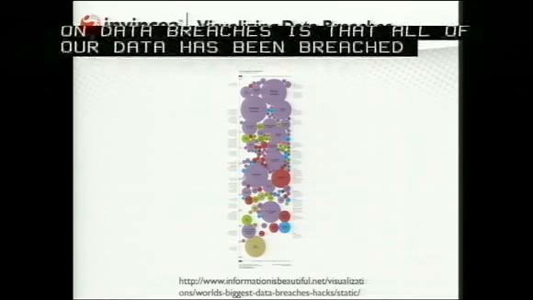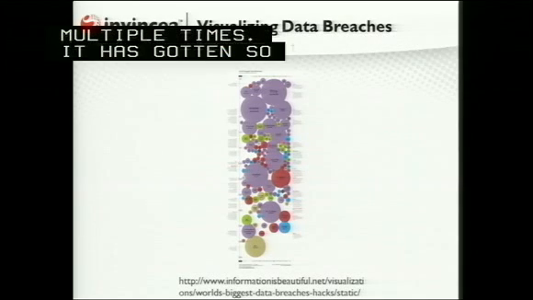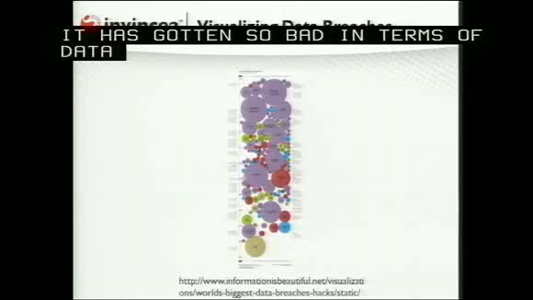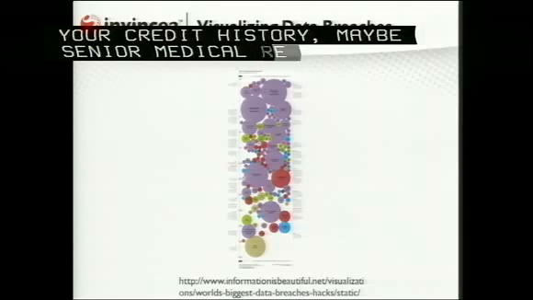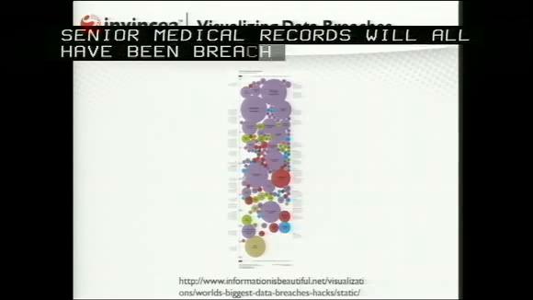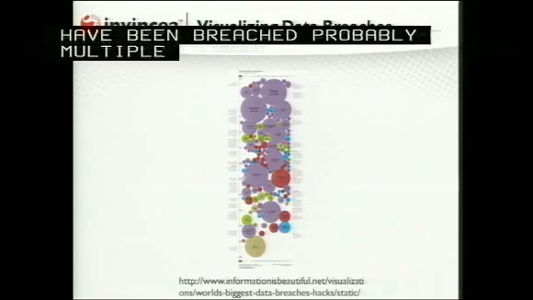It's gotten so bad in terms of data breach that your records, your credit history, now your personal life history, and maybe soon your medical records will all have been breached, probably multiple times, depending on where they exist and who's had them.